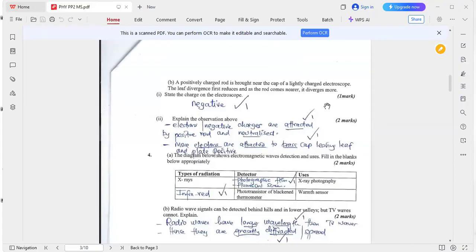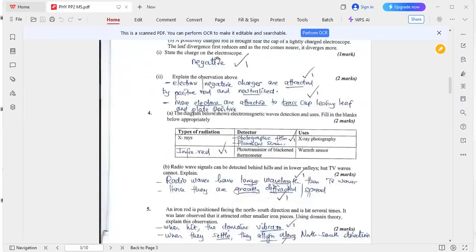Number 4, testing on the electromagnetic spectrum, where we are supposed to fill in the blanks. So we have the type of radiation. In the first one, we are told about the detector, but these are X-rays.